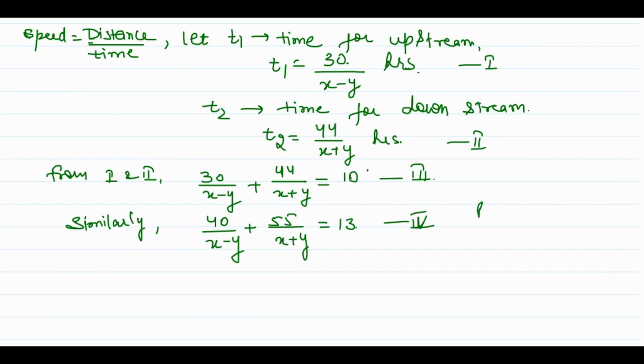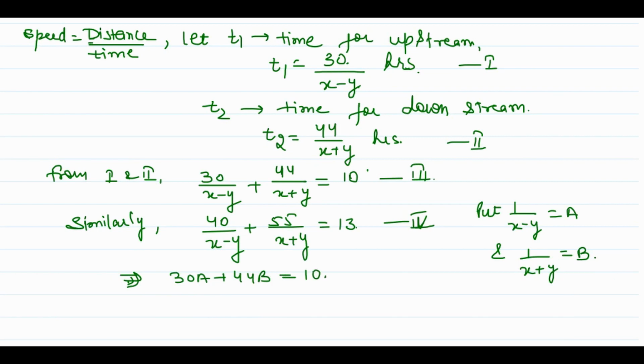If I write it, put 1 upon x minus y as A and 1 upon x plus y as B. So my two equations will be 30A plus 44B is equal to 10 and 40A plus 55B is equal to 13.